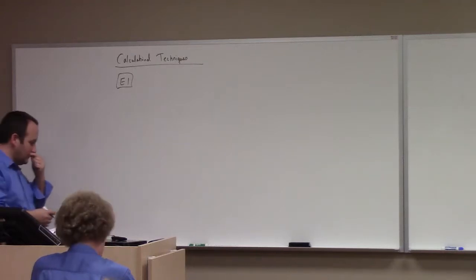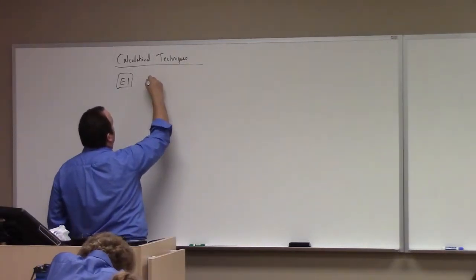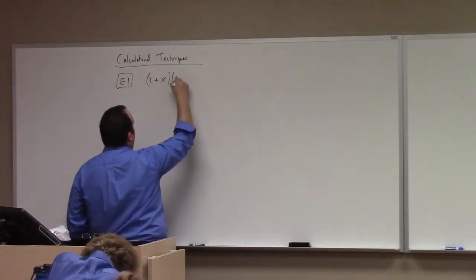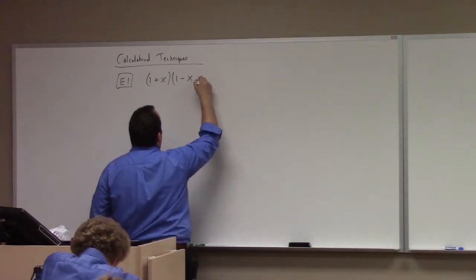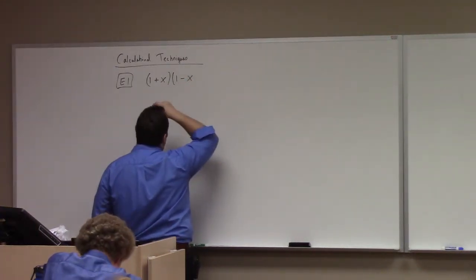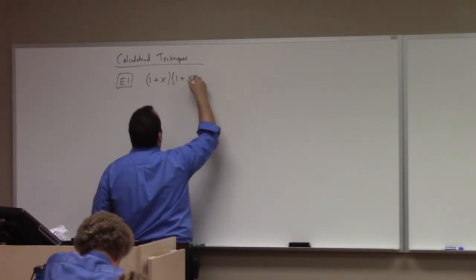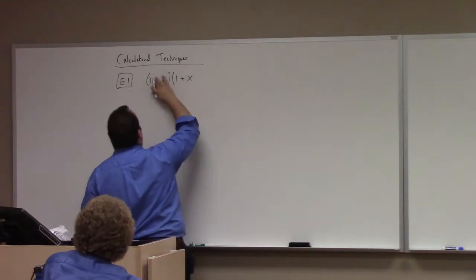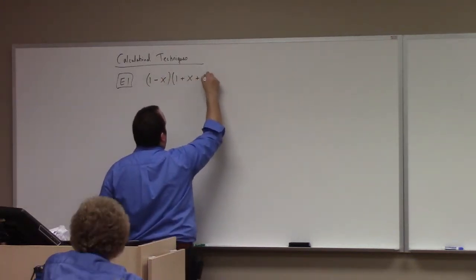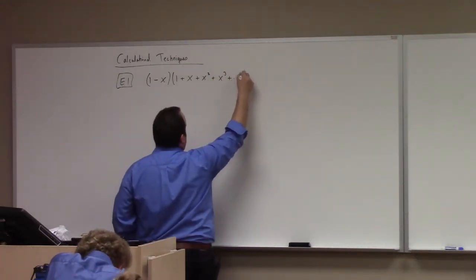How about this? What if I do 1 plus x, and I'm sorry, this is supposed to be 1 minus x. 1 minus x times 1 plus x squared plus x cubed plus dot, dot, dot.